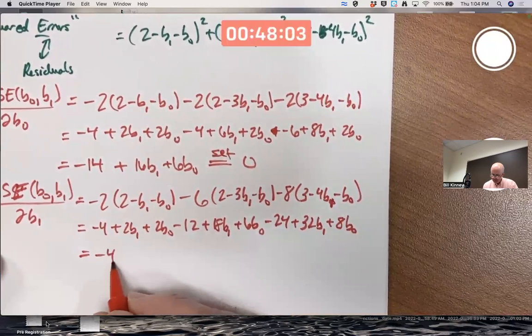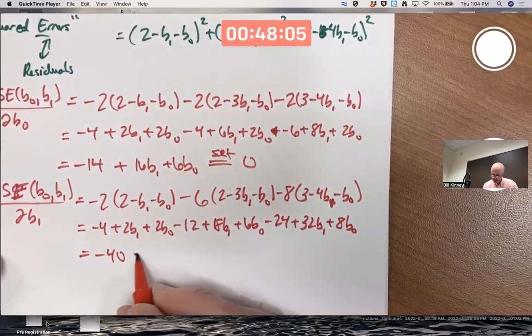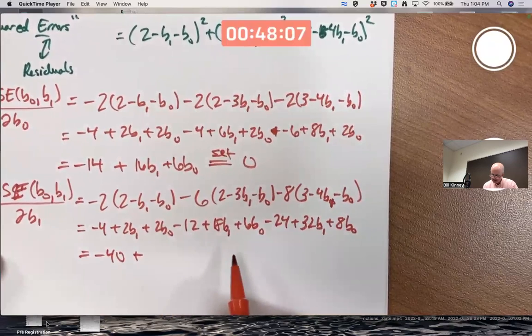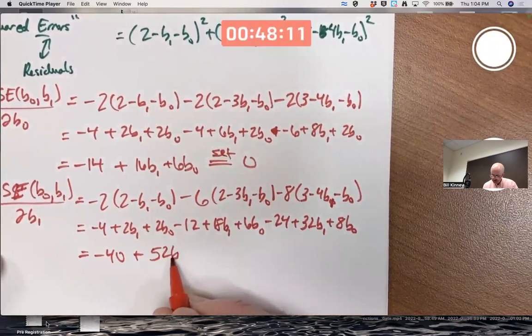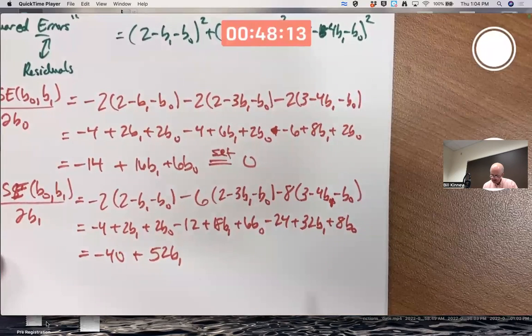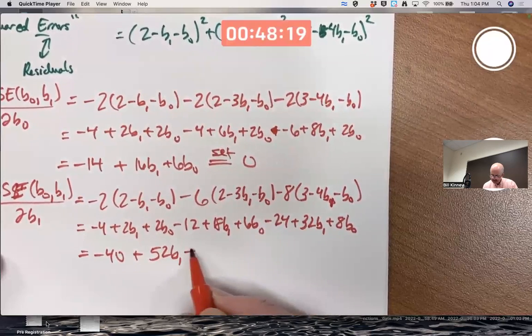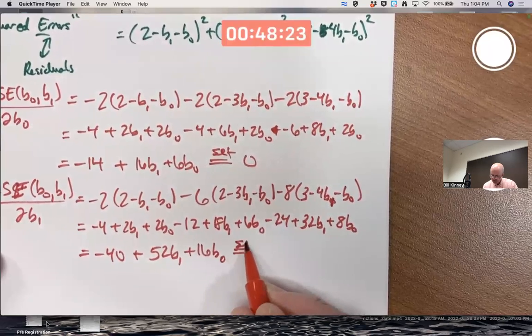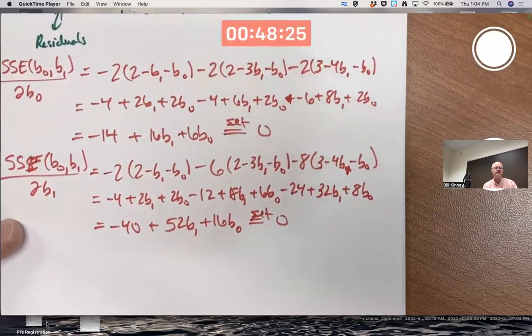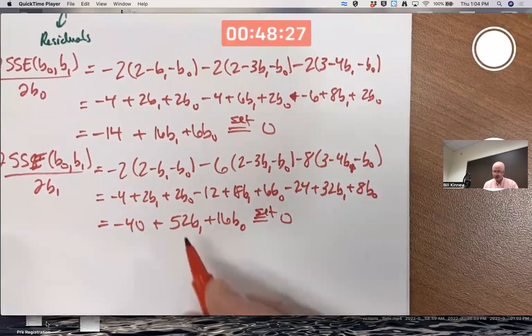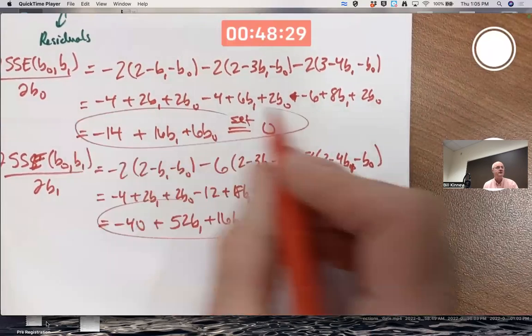I think we get a -40 plus the b1 terms give 52 b1, 2 plus 18 plus 32. And the b0 terms give 2 plus 6 plus 8 is 16. We're going to set that equal to 0 and solve for b0 and b1. It's a system of 2 linear equations and 2 unknowns.